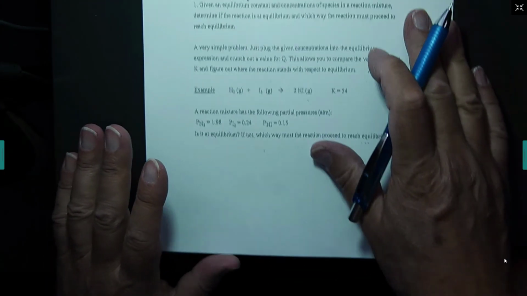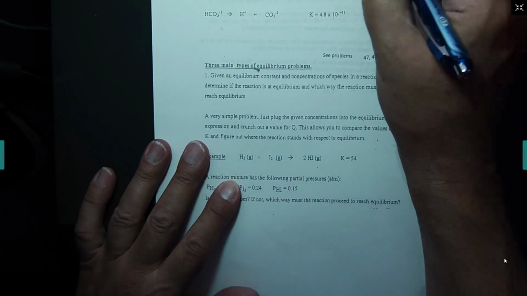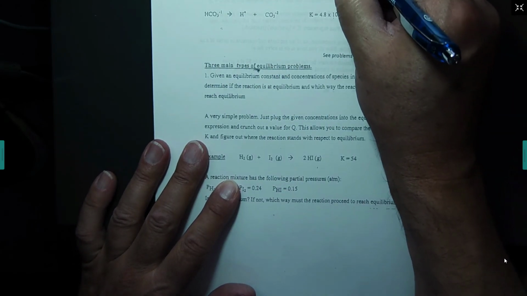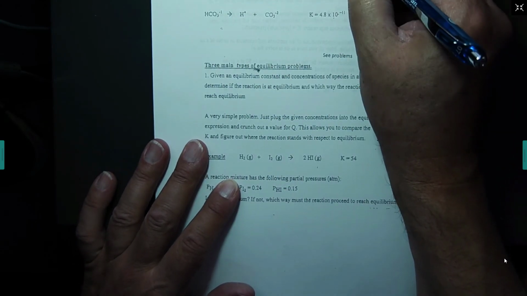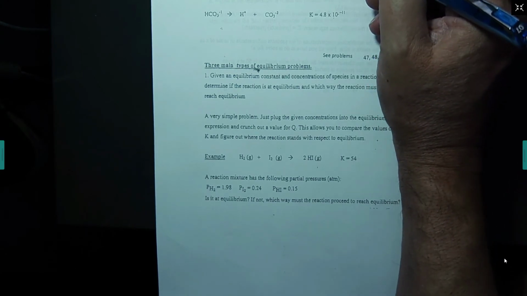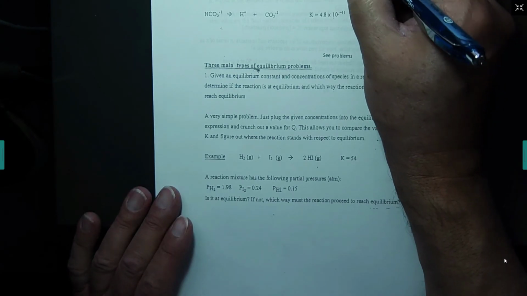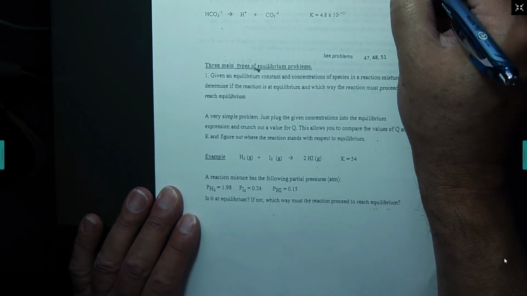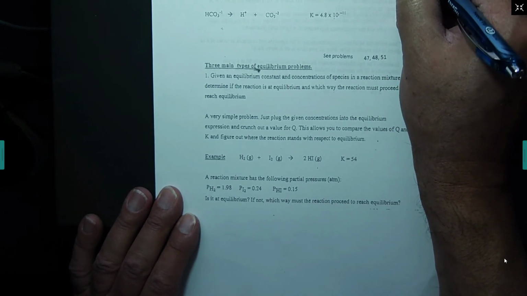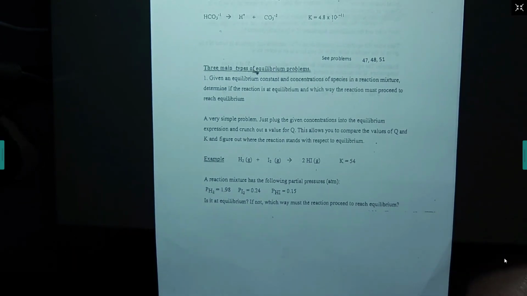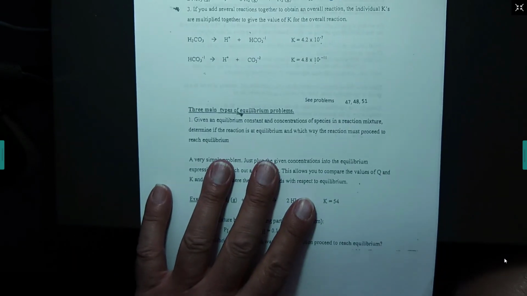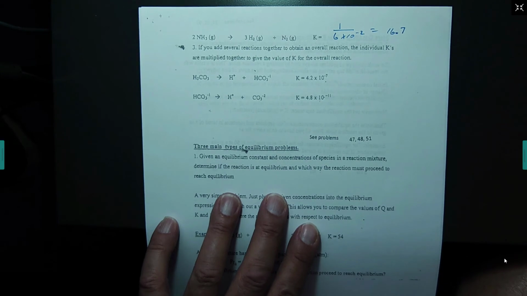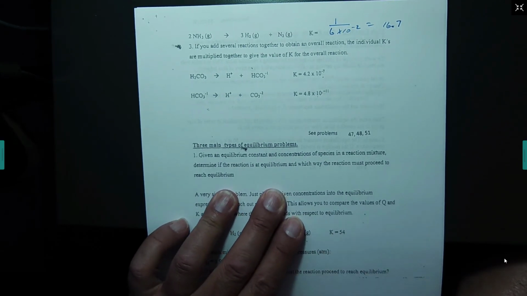So if I take that reaction and I write it backwards, K is now going to be 1 over the 6 times 10 to the negative second. And that's going to give me 16.7. So if you flip the reaction so it's reading backwards, you take the reciprocal.